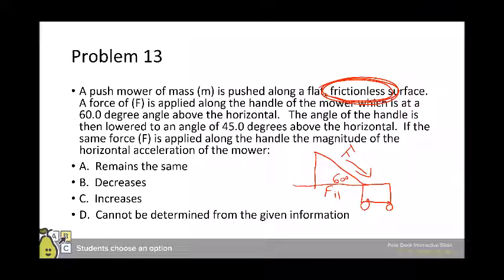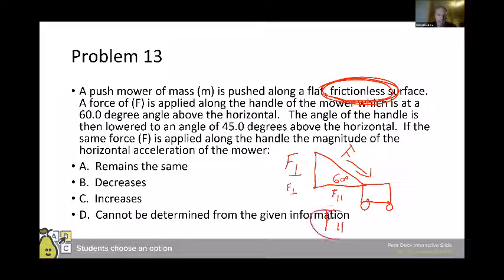Down. Yeah, vertically. So when it's 60, let's think of this component being pretty big and this component being fairly small. But when we lower it down to 45, this vertical component gets smaller, and this horizontal component gets bigger.